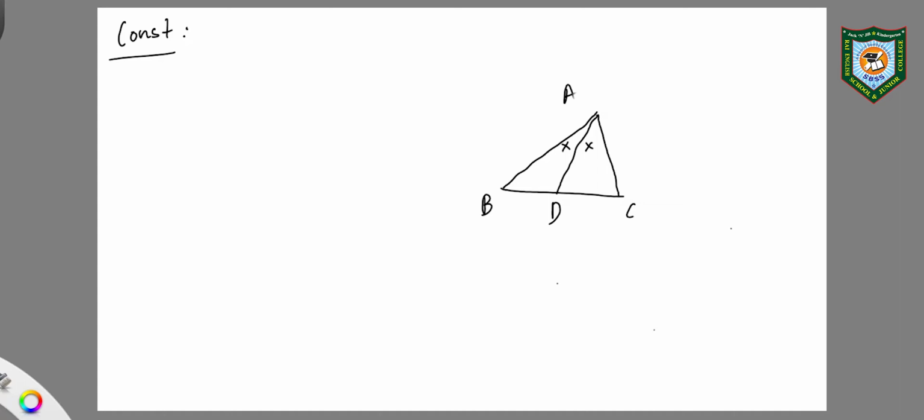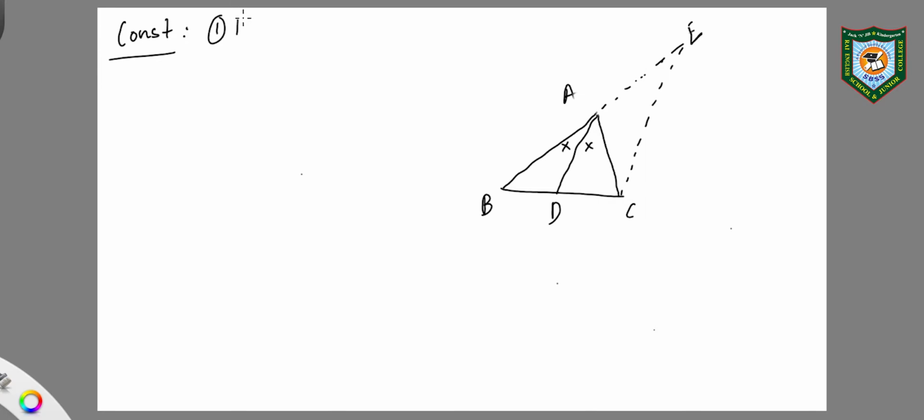One of the parallel lines should be parallel to the base of one of the triangles. So I'm going to draw this line parallel to AD, and I'm going to connect AB to the point here, and I'm going to call this point E. We need construction lines as dashed lines always. This is another dashed line. This is another dashed line.